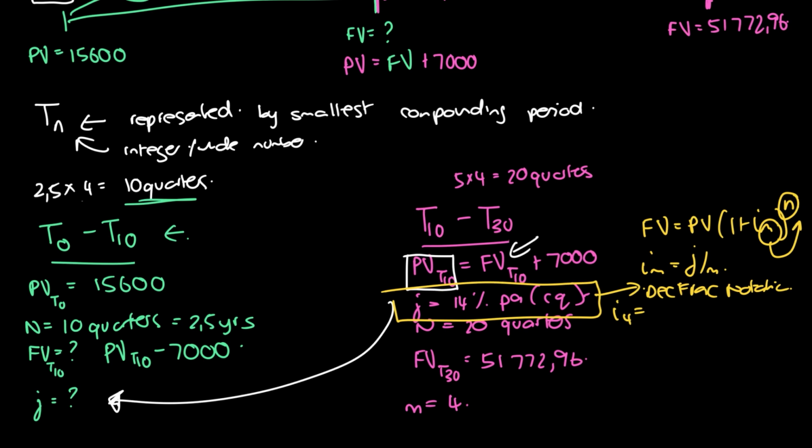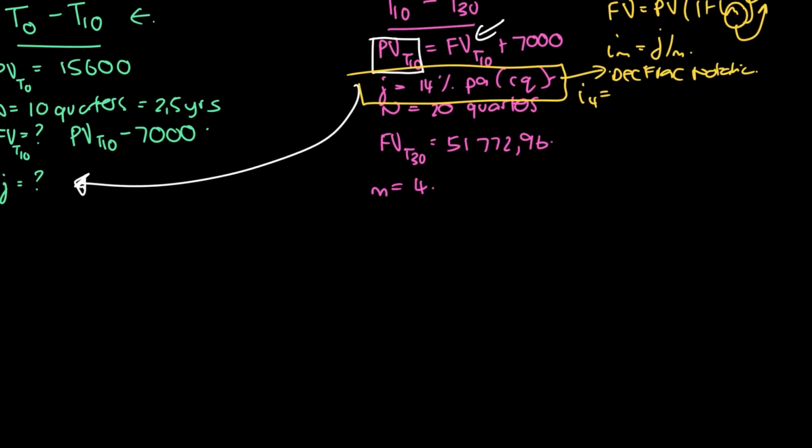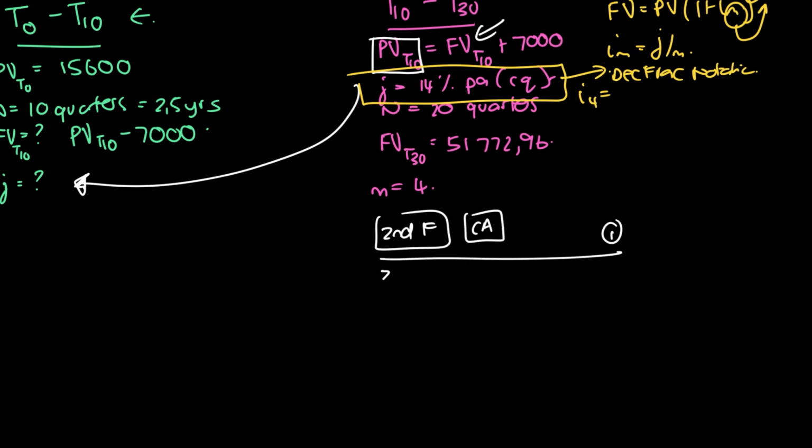So if we were going to use our financial calculator, the recipe we would follow is second function, CA. Remember, that's stage 1. Stage 2 is putting in our compounding periods. So second function, PY, 4, ENT.